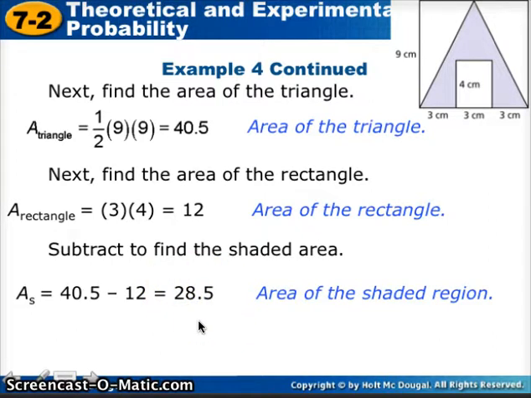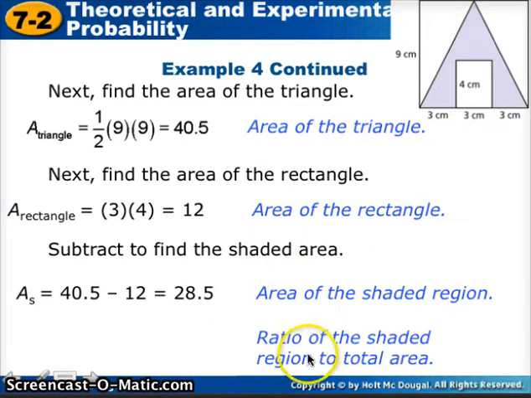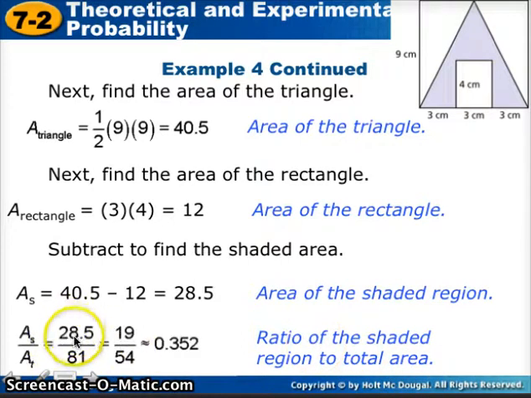So now I can answer the question. The probability is going to be my ratio of the shaded area to the total area. So if I divide 28.5, which was my shaded region, over 81, which was my entire square, I can find the probability of the shaded region to be 0.35 or 35%. So great.